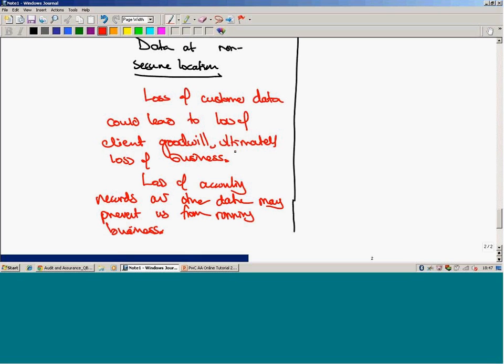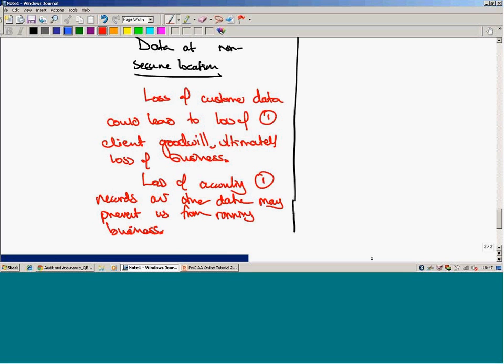I don't know my accounts anymore, maybe don't even know who owes me any money anymore, lose my debt register. It's a practical consideration that that could just be a problem for me as a business. So there's two here. One, loss of customer data, less than ideal. The second, loss of my own data. I'm going to really struggle to run my own business if I can't access any of my information.